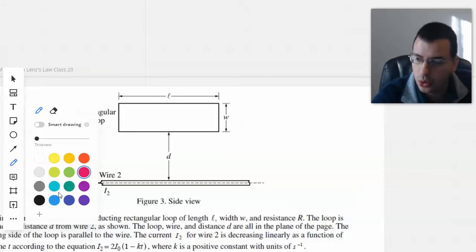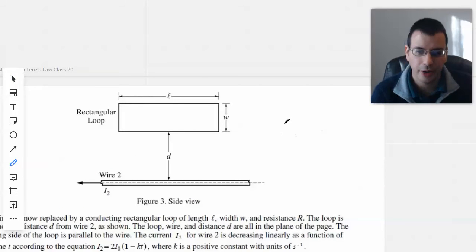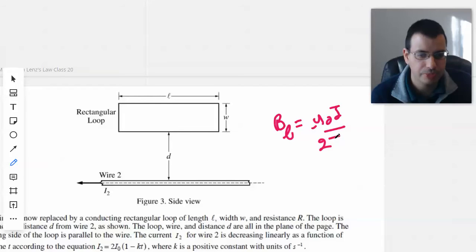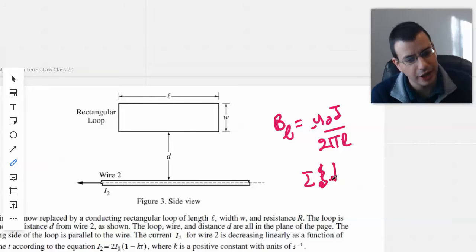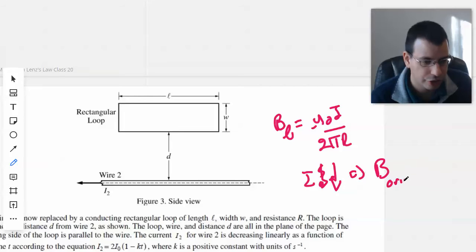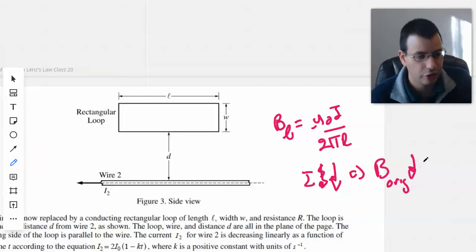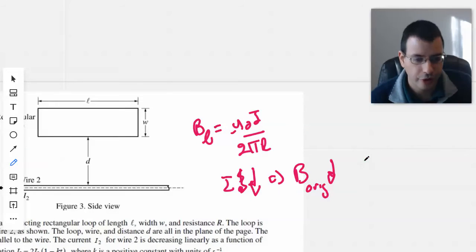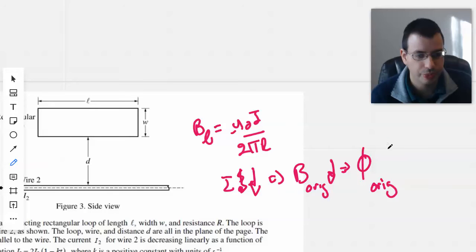So we know that magnetic field of a line equals mu naught I over 2 pi r. We also know that current is going down. Therefore, magnetic field original is going down through the loop. Therefore, the flux original within this loop is also going to go down.